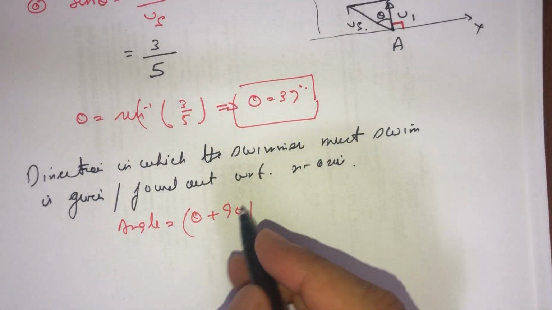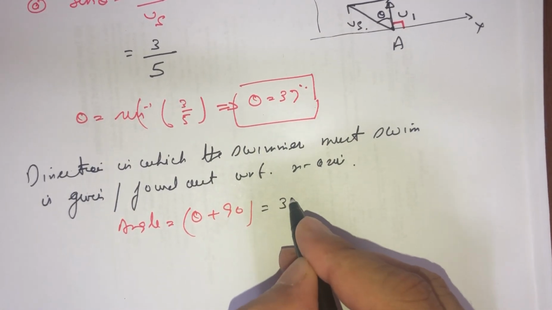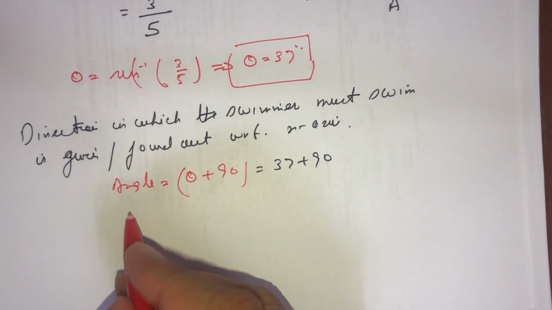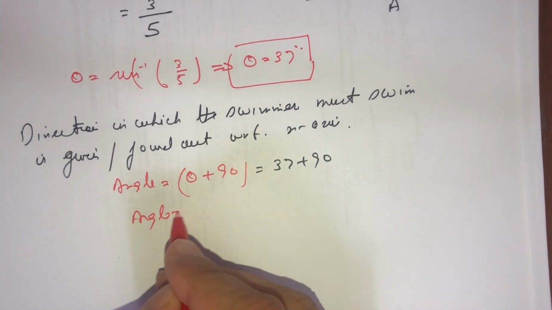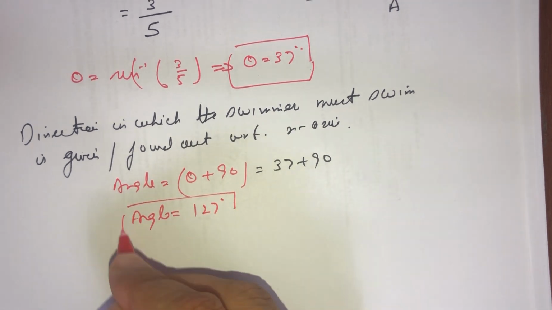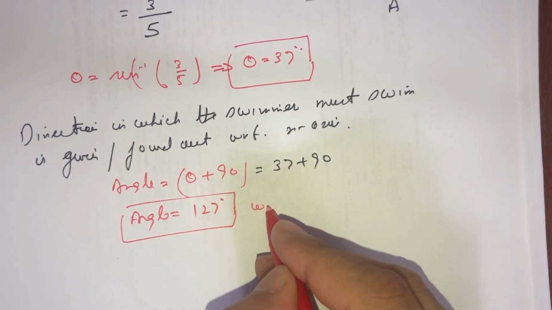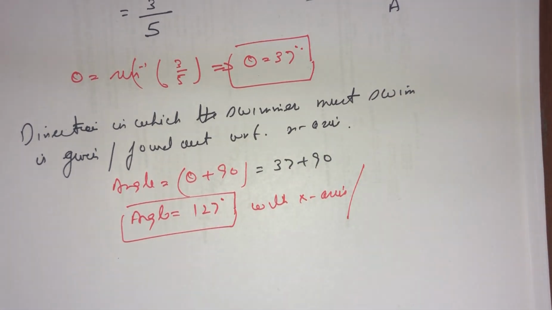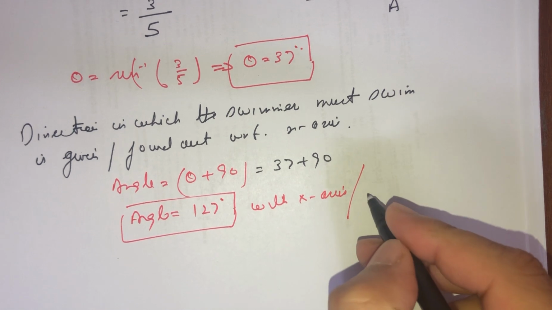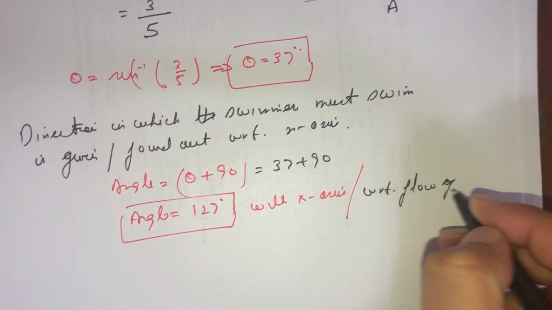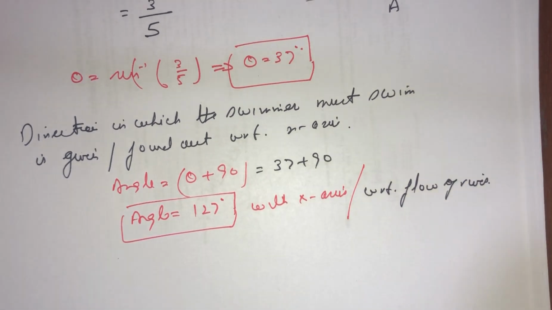We already know theta is 37, plus 90, so the angle comes out as 127 degrees with the x-axis, or sometimes it is also called with respect to the flow of the river. So this was the first part.